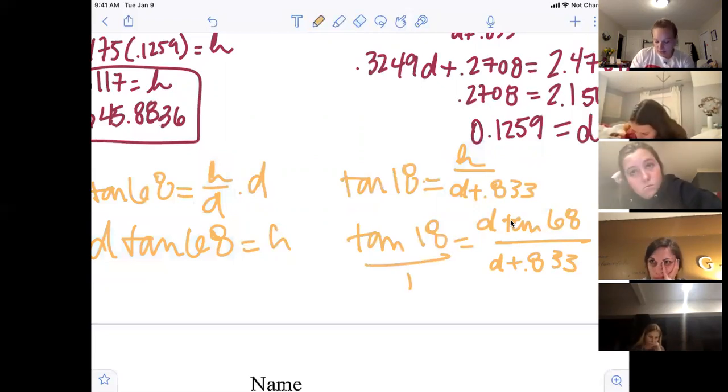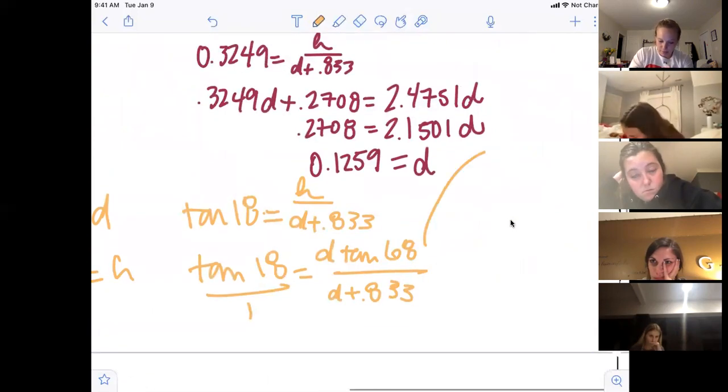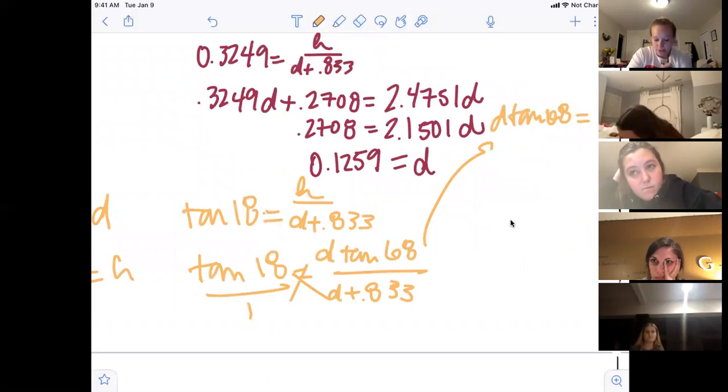Now the algebra is going to be a lot right now, so I hope I've got enough room. But I'm going to cross multiply, and I'm going to do D tangent of 68 equals, and I'm going to multiply my tan 18 by D and by 18, or 0.833.